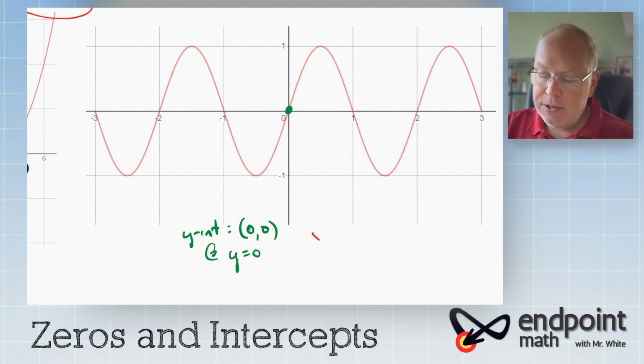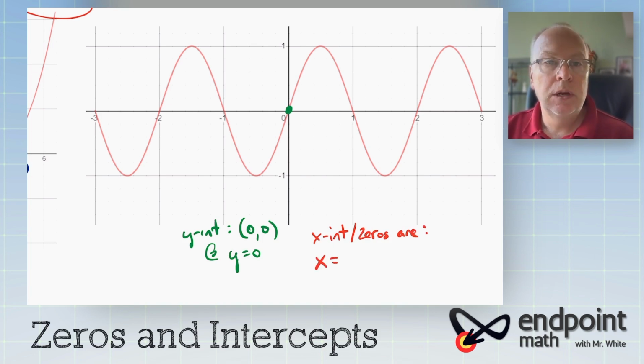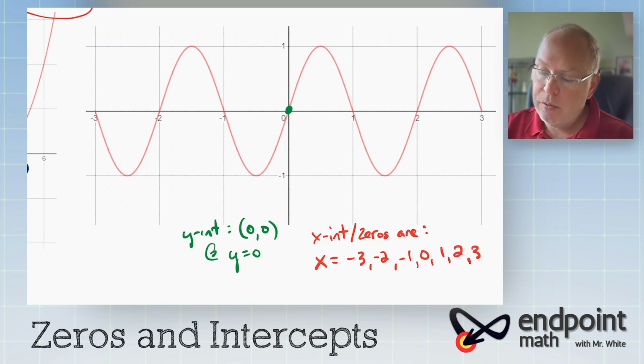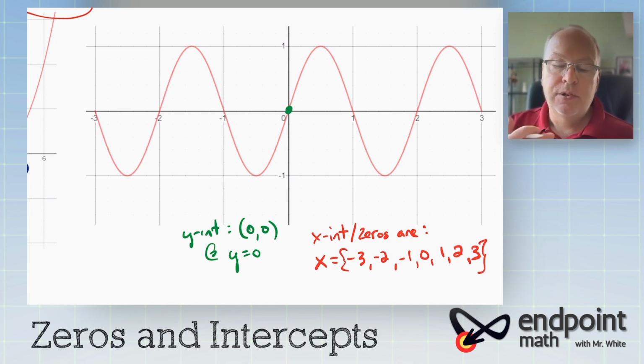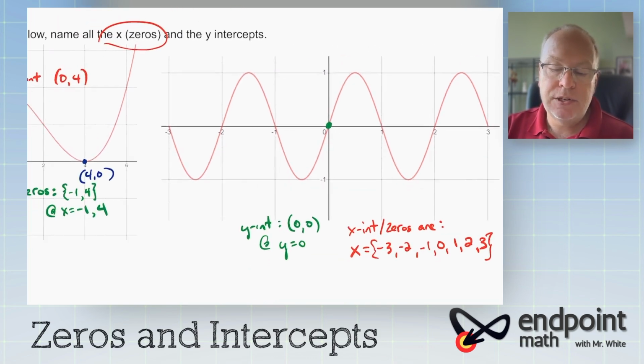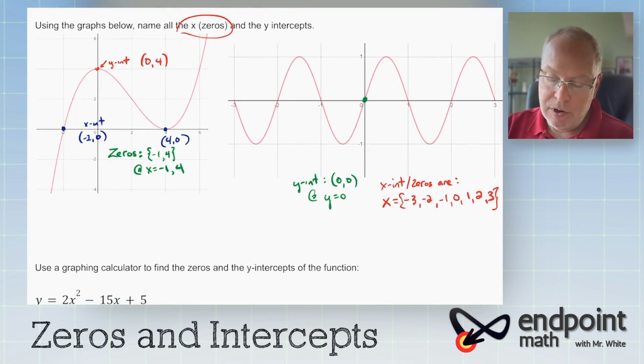The x-intercepts, or zeros, are at x equals, where are they at? -3, -2, I'm not going to put a dot, dot, dot, okay, I'm going to keep going: 0, 1, 2, and 3. That's all I see in my graph. Isn't that easy? All right, so that's the concept of x-intercepts, y-intercepts, and zeros.